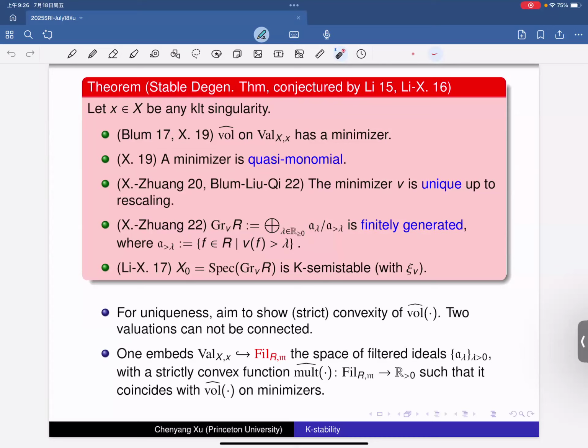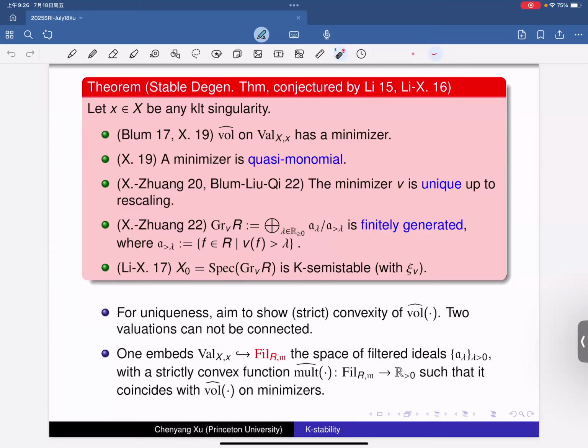But let me say a little bit about the uniqueness here, because this is a new phenomenon. The minimizer is really not unique in general. So how do you show uniqueness? As in Sebastian and Matthias's talk, you want to get convexity. So I want to get convexity for this normalized volume function. But of course, for valuations, we cannot connect them. If I pick two valuations and write down the naive path to connect them, then usually it's not a valuation.